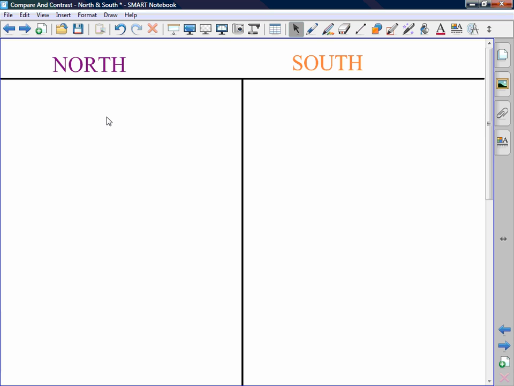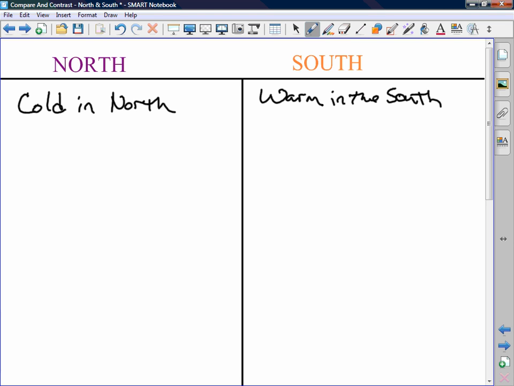For example, the example that I just gave, which has nothing to do with our chapter: cold in the north, then you would have to put here warm in the south. You need to include those details. You can't just say not in the south.